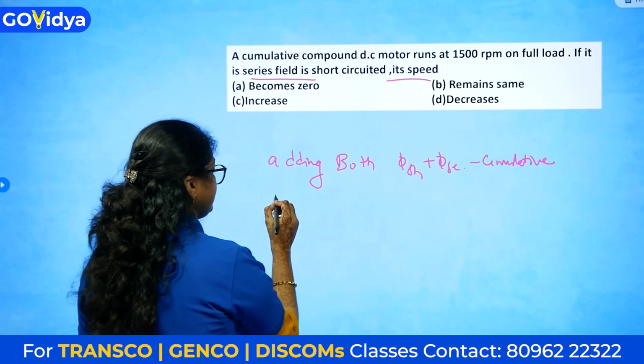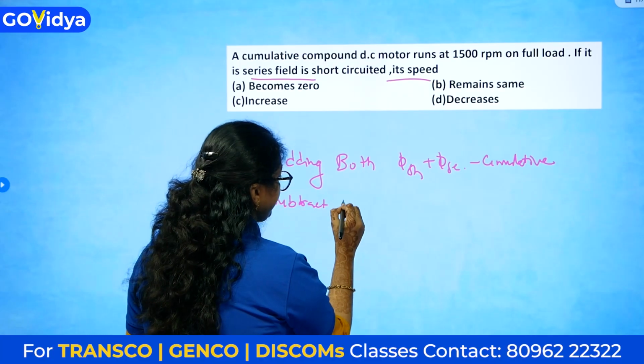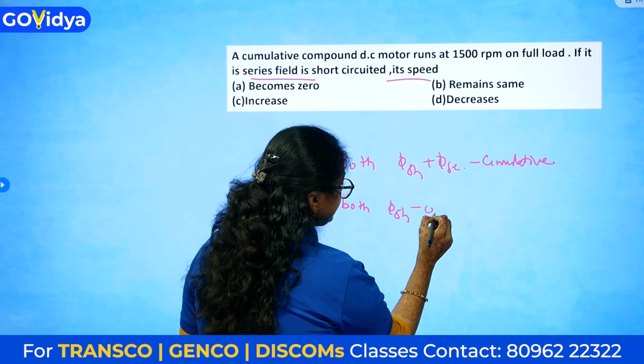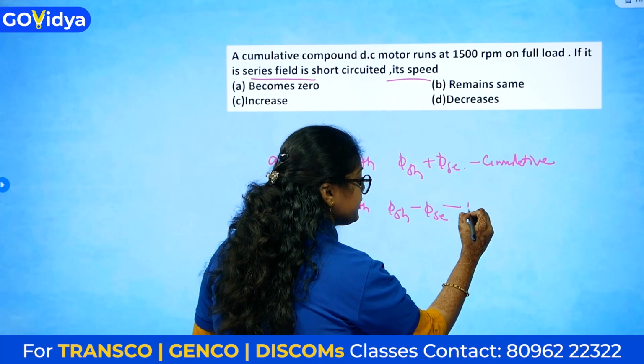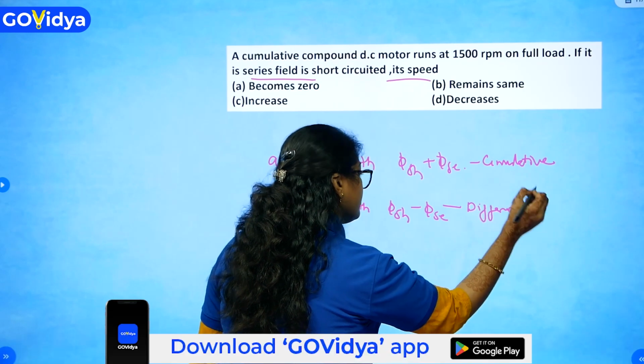Coming to differential, we subtract the series field from the shunt field, phi SH minus phi SC.